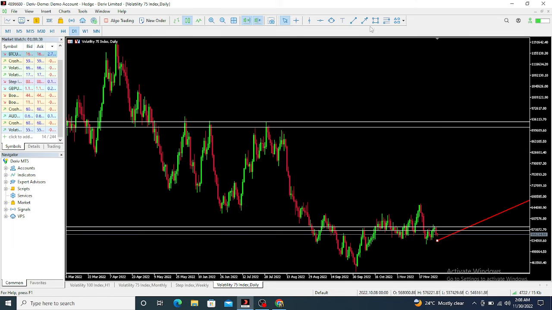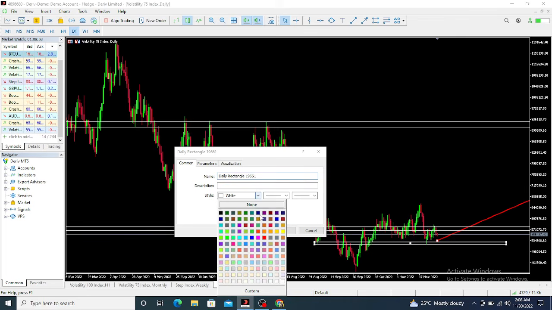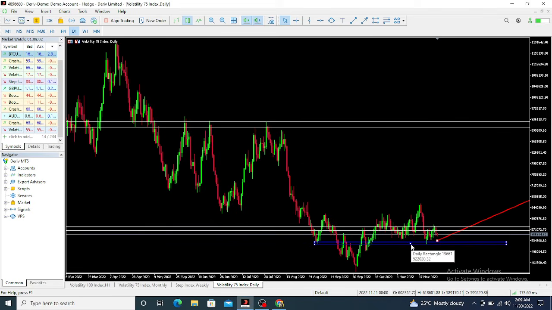So if you still want to draw your minor levels, I think this is more like an inverse head and shoulders, what the market is trying to print here. This level here, this level here, this level here. I love to represent that with the blue color.